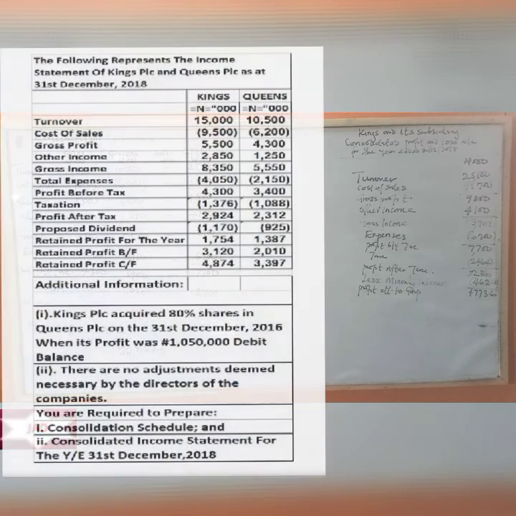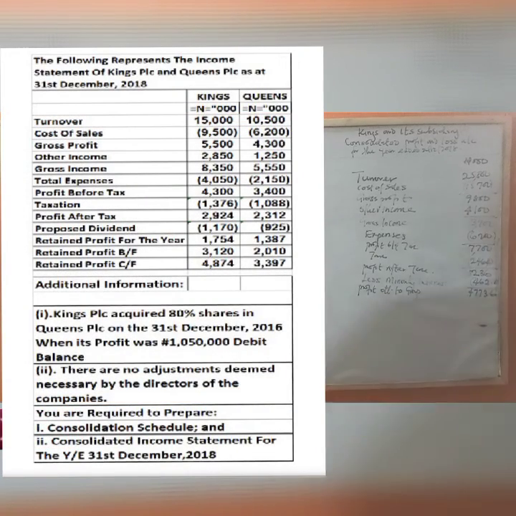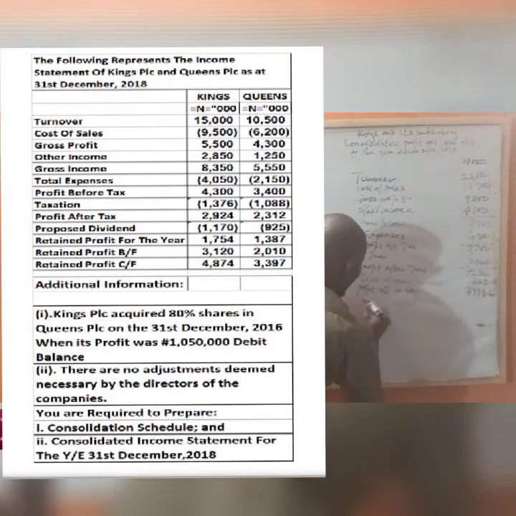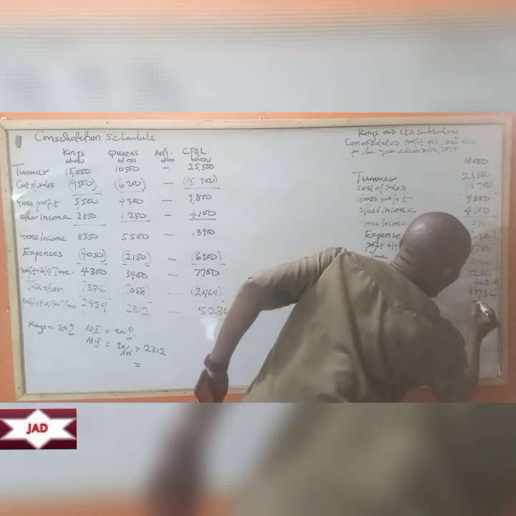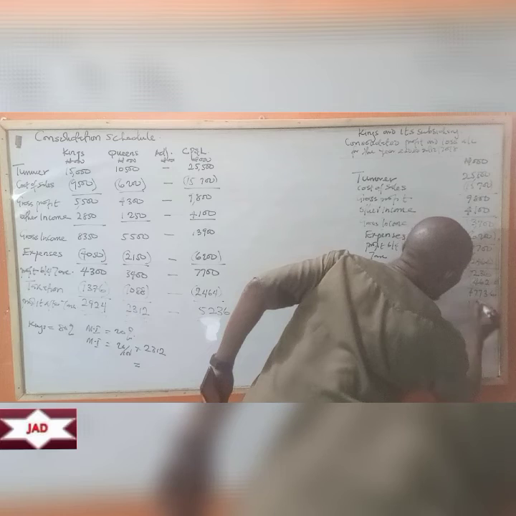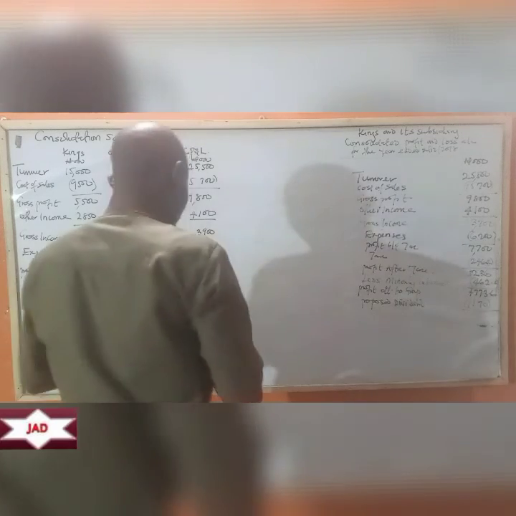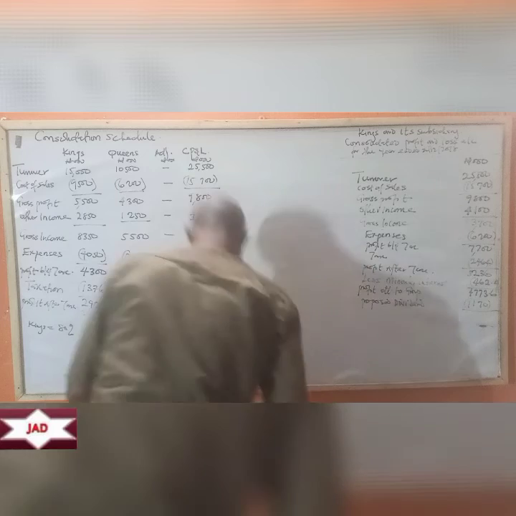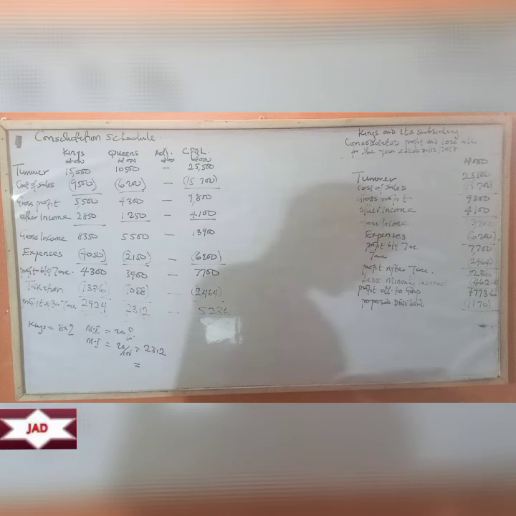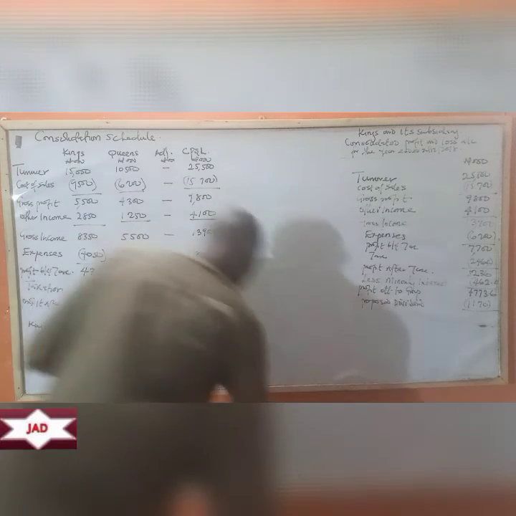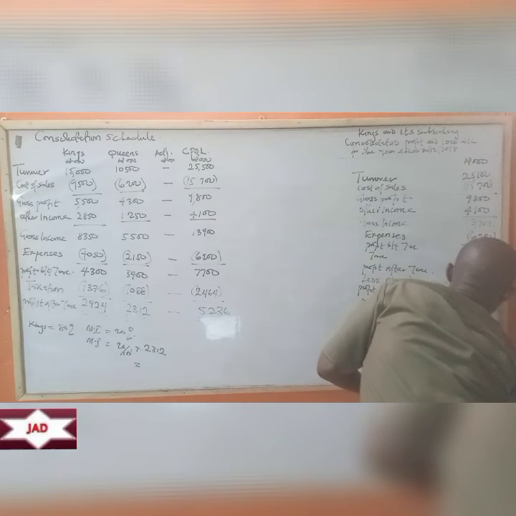You know the group dividend here is 1170. So we have proposed dividend 1170. So we take that out. What do we have? We have 3603.6.